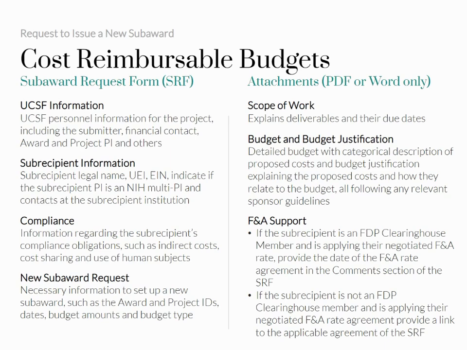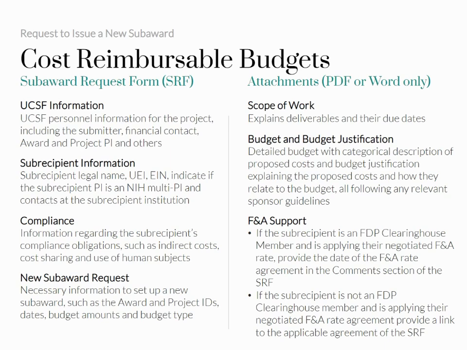This will provide information regarding the subrecipient's compliance obligations, such as their indirect cost, cost sharing, use of human and animal subjects, etc. Since this is a request for a new subaward, complete the new subaward request section. This provides all of the necessary information that our subcontract team needs to set up a new subaward, such as the award and project IDs, dates, budget amounts, and budget type.